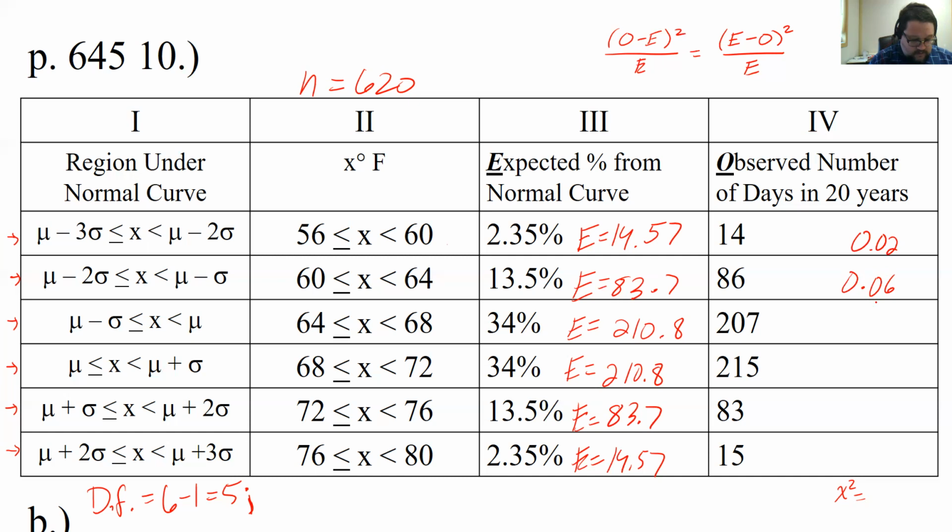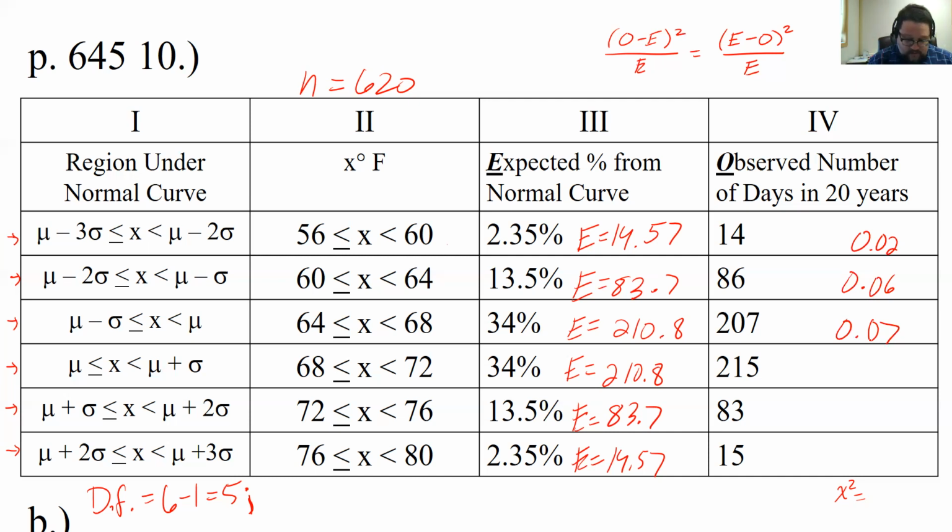Okay. So now you'll notice all these values so far are pretty small. That's actually a good sign that we're not going to reject the null hypothesis, because the bigger the chi-squared value ends up being, the farther you are to the right, the more likely you're going to get a small p-value, because the farther you get there, the less space there is.